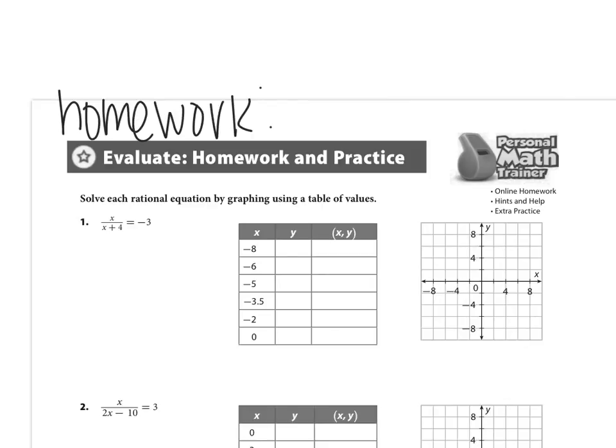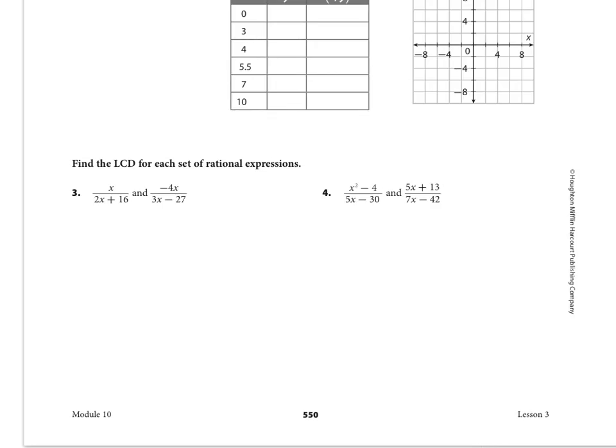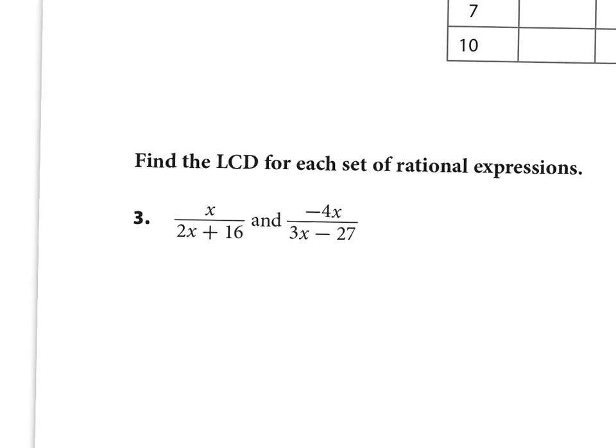So for your homework, you are going to do problems 3 through 14 and 16 and 17. So that's your assignment. If you will look really quickly at 3 through 8, I want you to change the word "and" to an equal sign. So really this is going to be the problem x over 2x plus 16 equals negative 4x over 3x minus 27, and you are going to have to solve this problem.